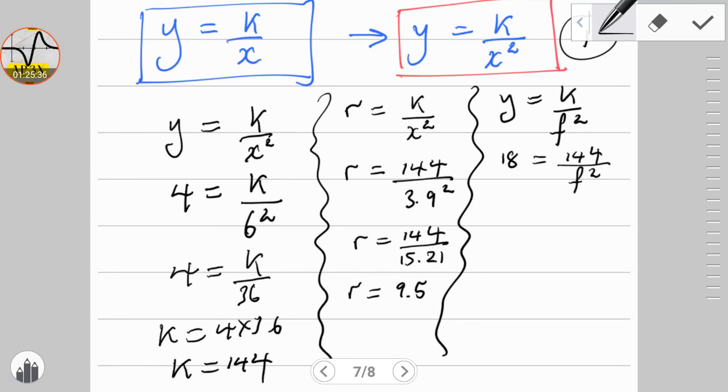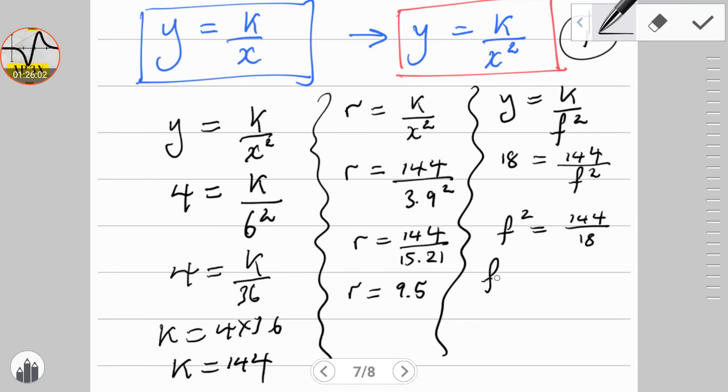Now, when your unknown is at the bottom of the equation, we could multiply both sides by f squared, but that takes a bit of time. So we're just going to do a swap. You're allowed to do a swap. If the unknown variable is at the bottom, we can put the f squared where the 18 is and put the 18 where the f squared was.